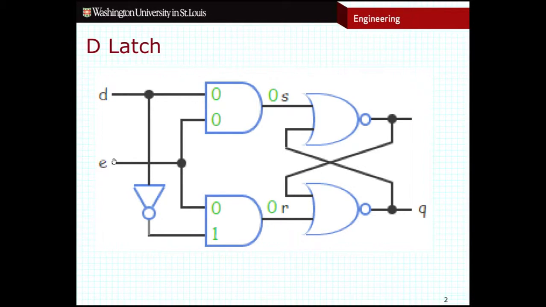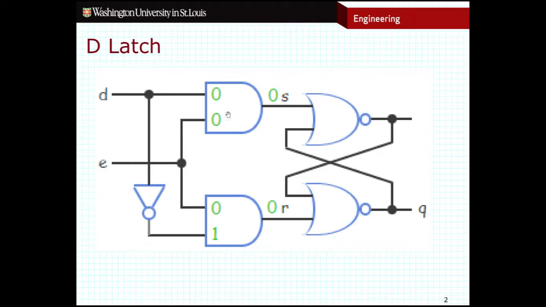Now let's consider what happens when enable is high. These two AND gates now have the potential to work. So now the data signal can be either high or low. If the data signal is high, this AND gate will be on. If the data signal is low, this AND gate will be on. These two AND gates cannot both be outputting true at the same time.